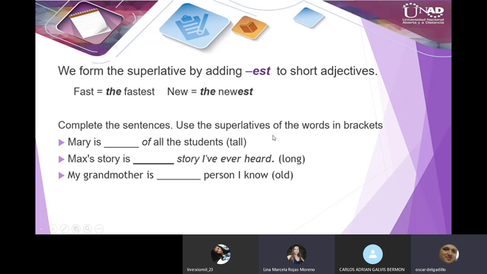Remember that we must use the article the. Continue, Lina. Max's history is the longest history I've ever heard. My grandmother is the oldest person I know. Okay, thank you, Lina.